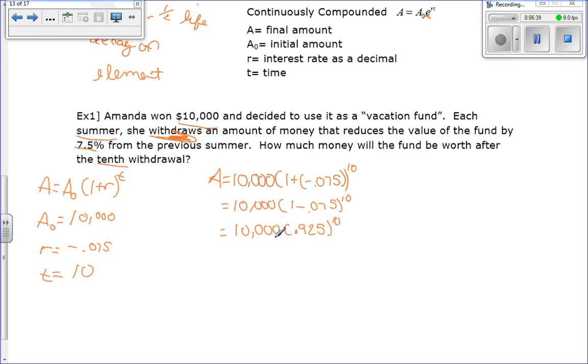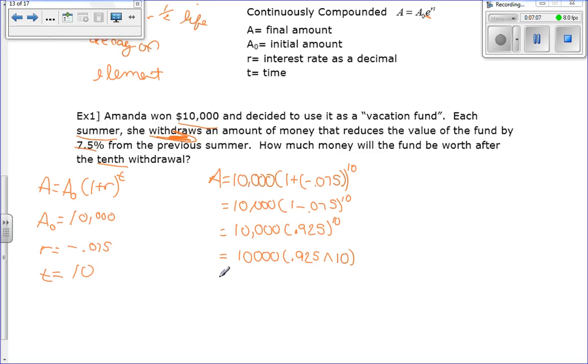So, at this point I have to put it into my calculator. So on your calculator you type in 10,000, parentheses, 0.925 caret 10, close the parentheses.